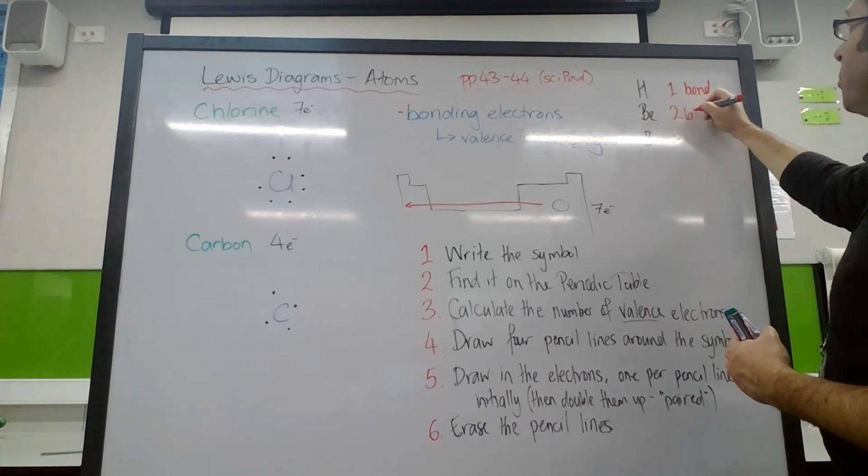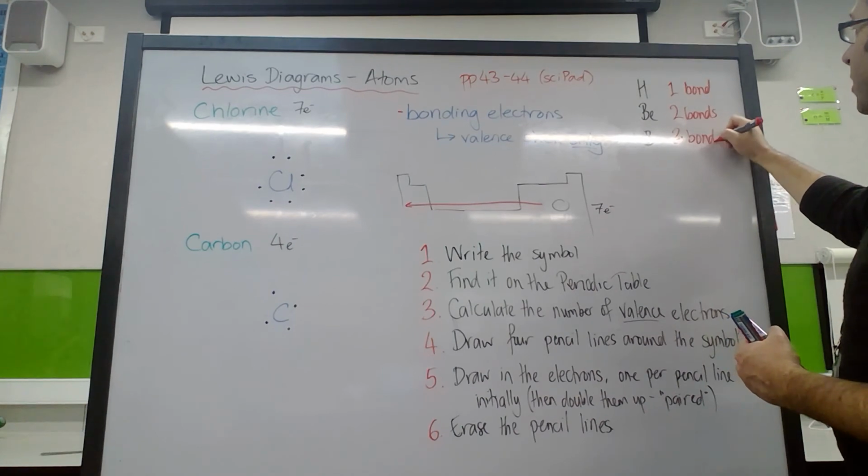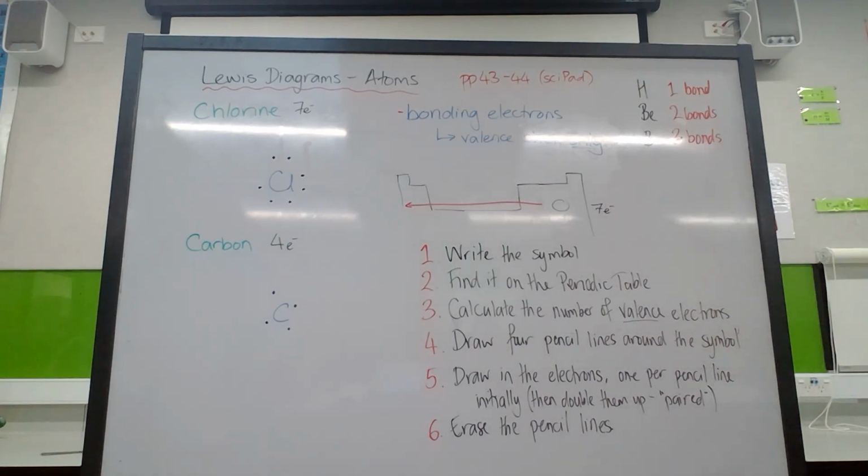Beryllium can only make 2 bonds, and boron can only make 3 bonds. As I say, we'll get into that when we do molecules, exceptions. Everything else is going to end up making 4 chemical bonds, because 4 times 2 is 8, and we have a thing called the octet rule. We'll do that one shortly.